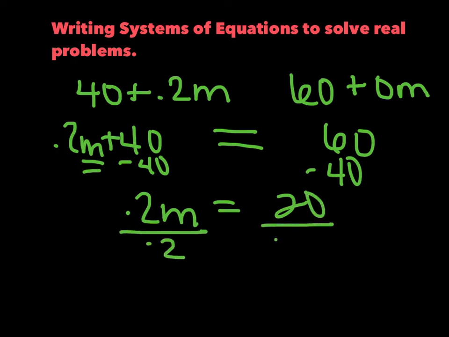Divide by 0.2. And 20 divided by 0.2 is 100. If you can't do that in your head, just go off to the side and do it. But remember, it's just a matter of moving the decimal. All right, so you'd have to send and receive 100 text messages for your bills to cost the same thing.